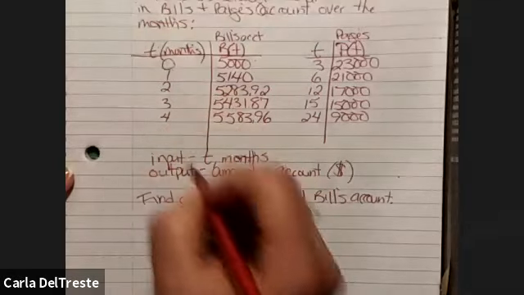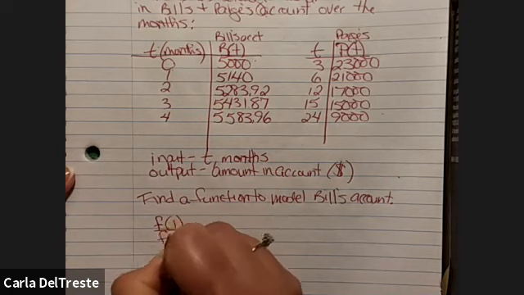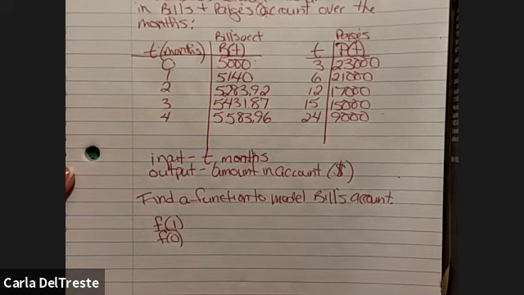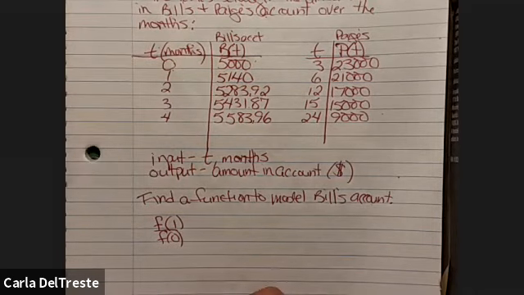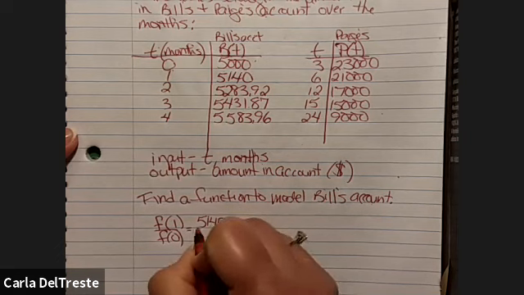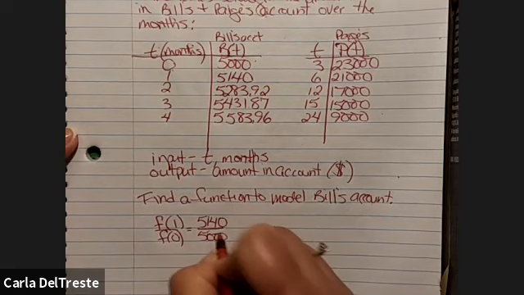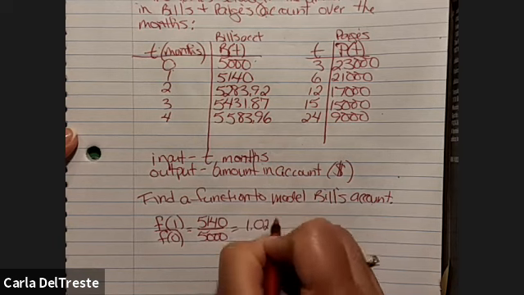So for Bill's account, I want to know what f of 1 divided by f of 0 is. Remember, always divide sequential points, okay, sequential outputs. So I'm going to divide 5,140 by 5,000, and I wind up with 1.028.